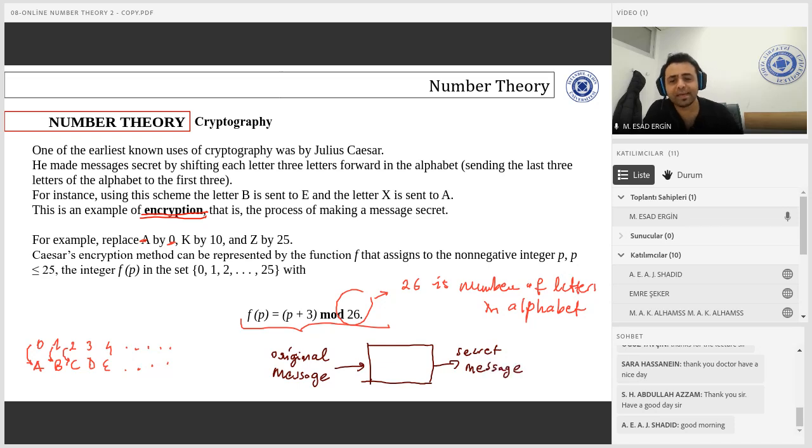Making the original message into the secret message is encryption. This is our first important term, encryption. We are going to use that E in our further steps, and the process of making a message a secret is encryption, as seen here.